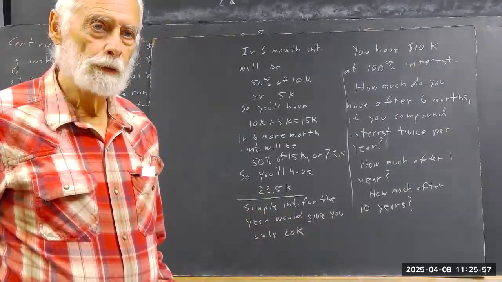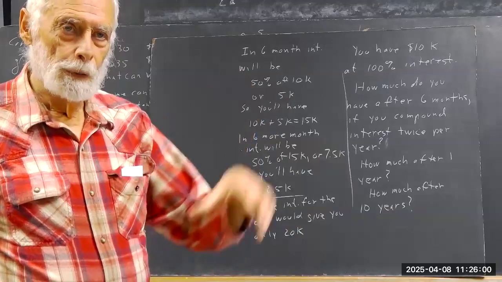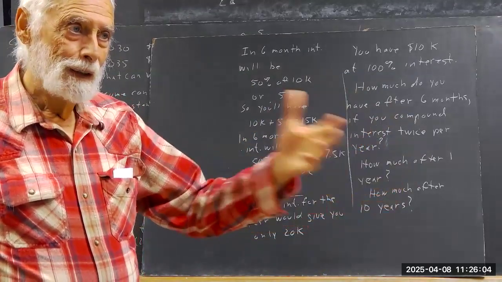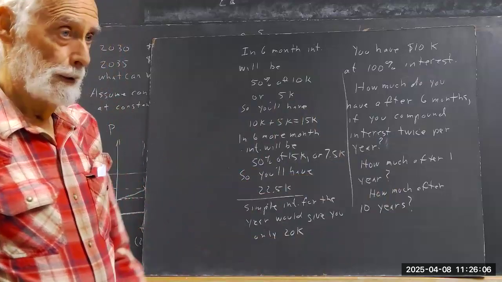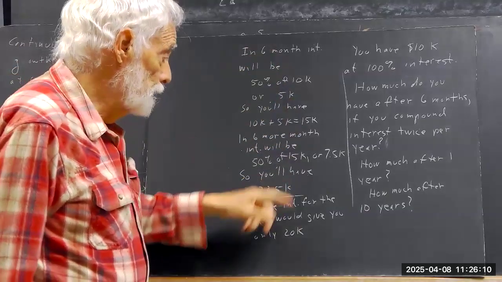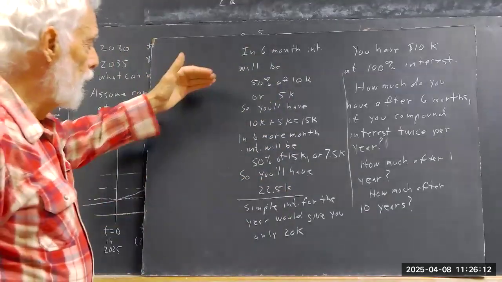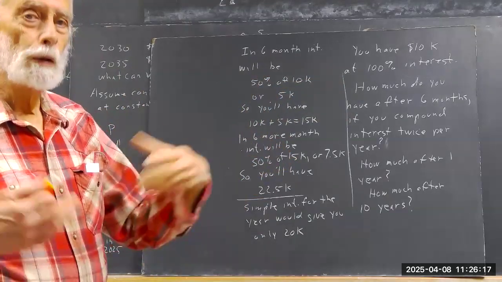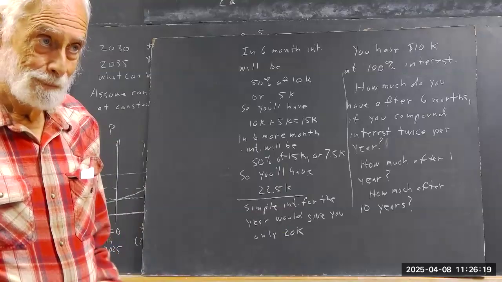Now, if you do simple interest for a year, that means you take 100% of your 10K, that's your interest, it's another 10K. Add that to your 10K, you get 20K. Okay? So what compound interest does is every time you compound on your new amount, which gives you more interest. Make sense?